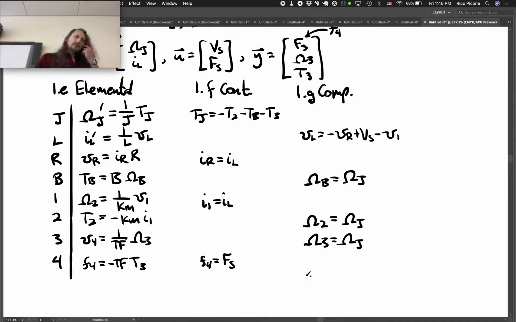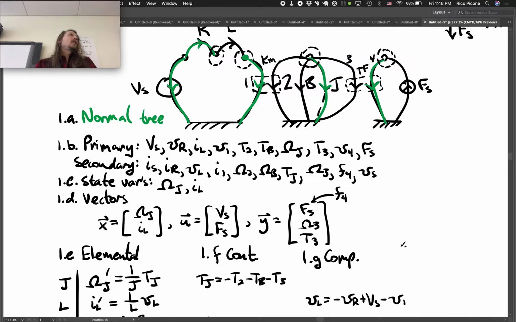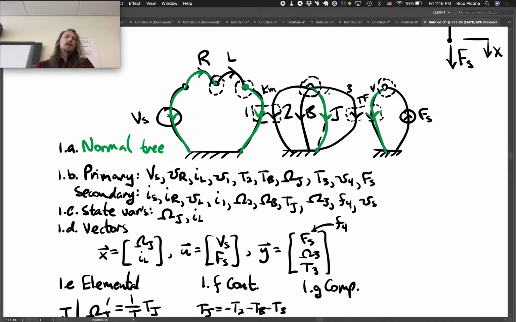Yeah? For the omega 2 and omega 3, it is technically possible to use other omegas besides J, correct? Anything's possible. This procedure would say no. This procedure would say you want to write omega 2, omega b, and omega 3 all as omega J. Because when you go through this, you put that link into the normal tree momentarily.